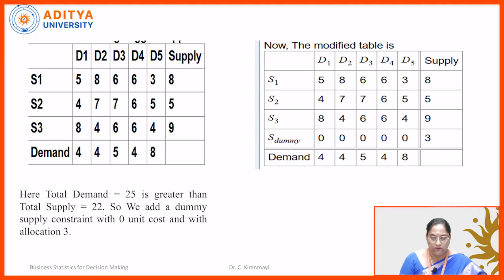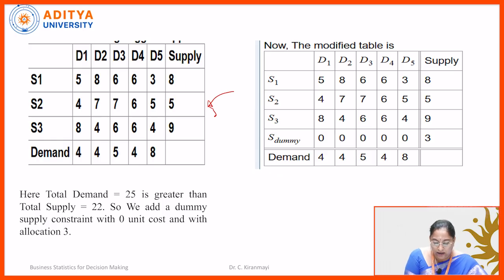So, here is one problem. We are given a problem with 3 sources and 5 destinations. In the previous lecture, I told you that whenever we solve a transportation problem, first we have to look at whether it is a balanced or an unbalanced transportation problem.